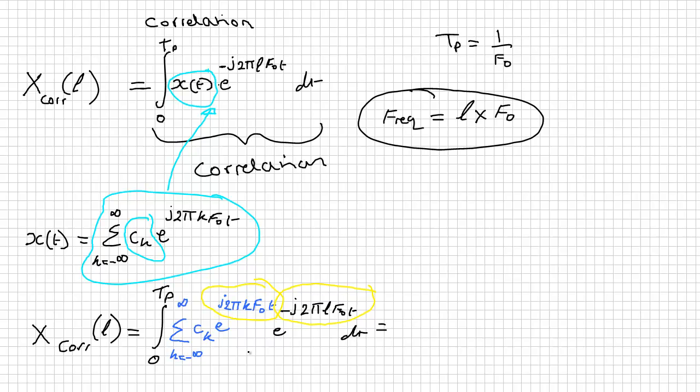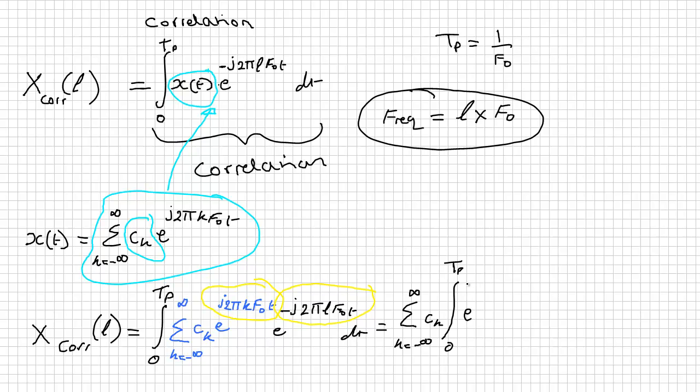We can also see that ck is the only variable here that's a function of k, so we can move that out. We can interchange the summation, so the summation is going to go outside. We can do that because it's not going to make any difference to the final result. So we have ck on the outside. Everything else is dependent on time, so that's going to be inside the integral.